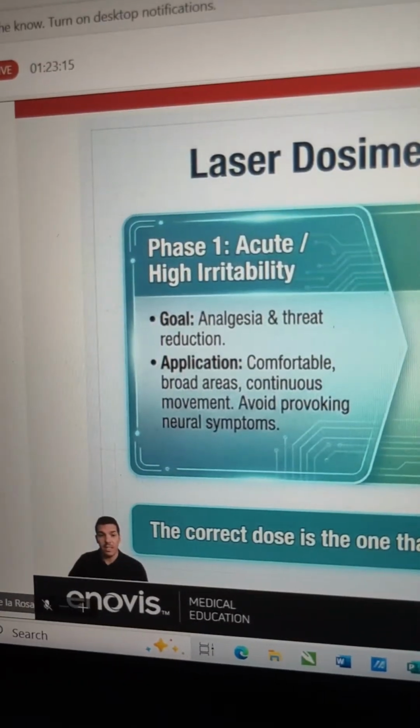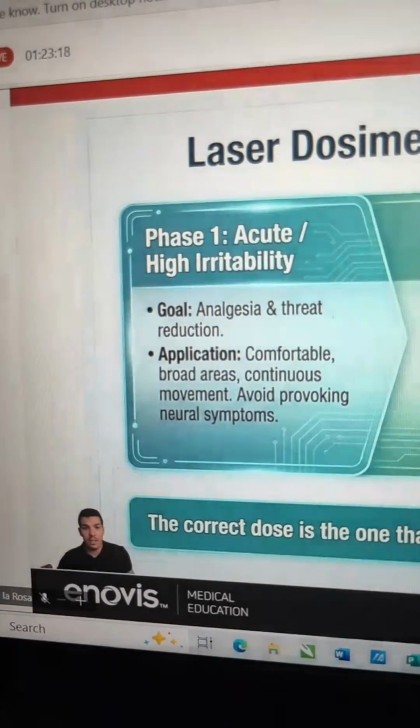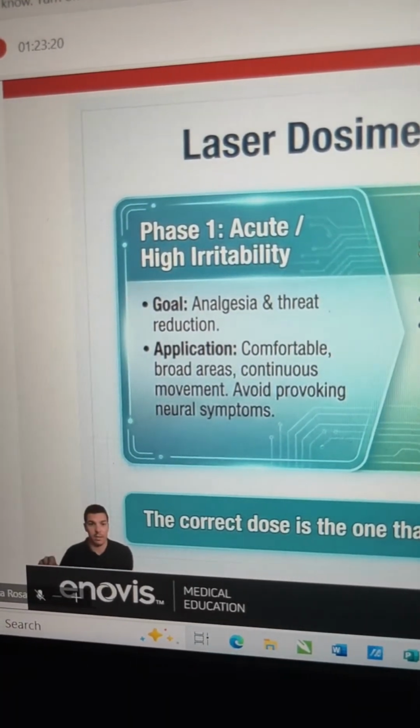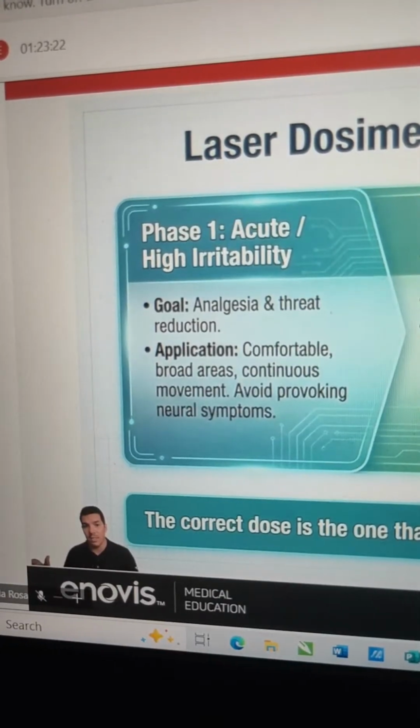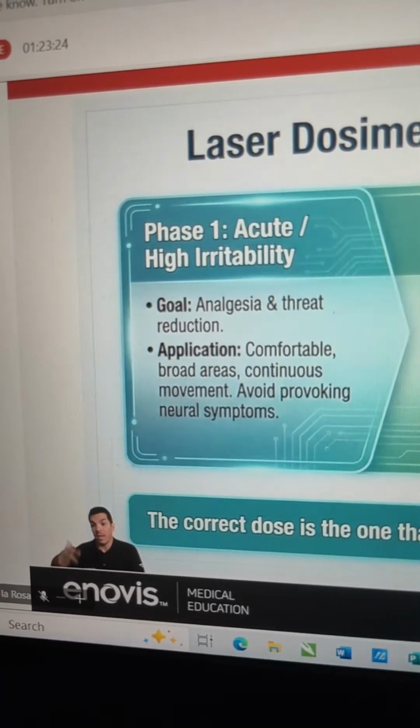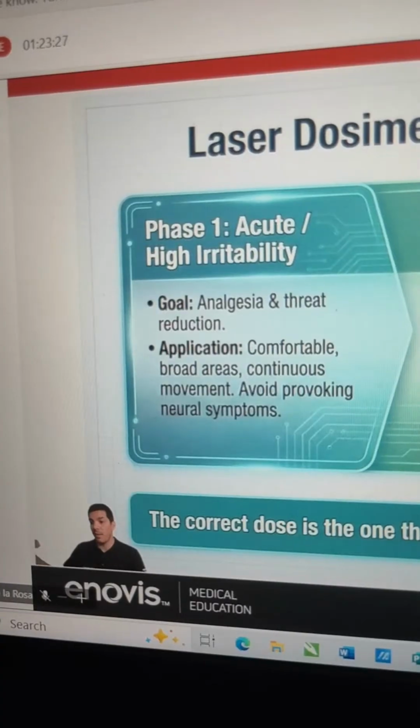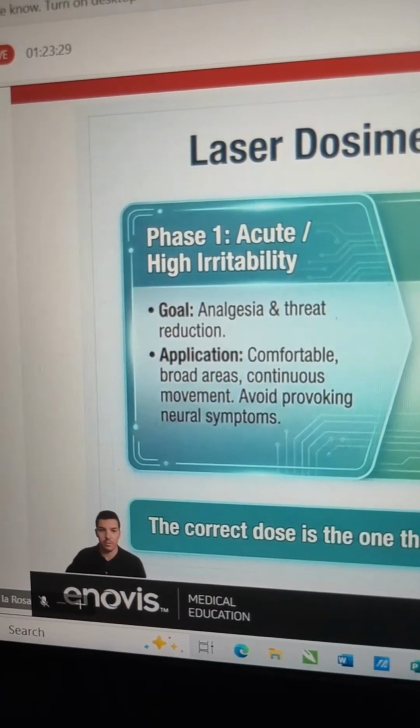Therefore, as you can see, the dose is not decided solely by the diagnosis or the size of the region. It also depends on the clinical phase, irritability, thermal tolerance, or what we are aiming for with that thermal tolerance in the viscoelastic behaviour of the tissues.